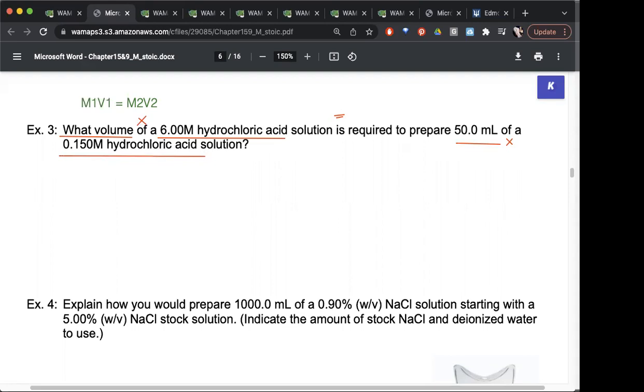So we have 3 of those things, right? We've got a molarity, another molarity, and a volume. And so we're essentially looking for what's that second volume?